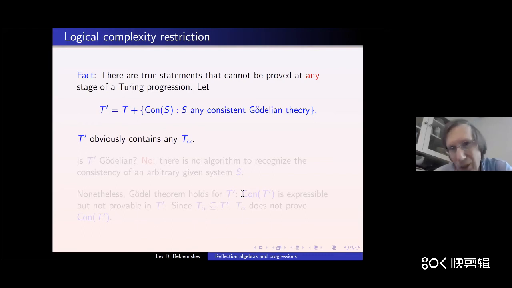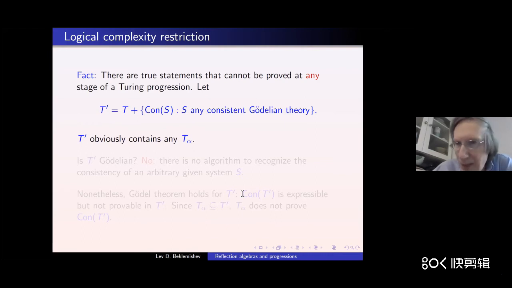How can we see this? Well, consider this artificial theory T prime. T prime is a theory obtained by adding to the theory T given to us the following sentences of the form consistency of S, where S runs through all consistent Gödelian theories. So we define what a Gödelian theory is. If such a system S is consistent, its consistency assertion on S will be true.